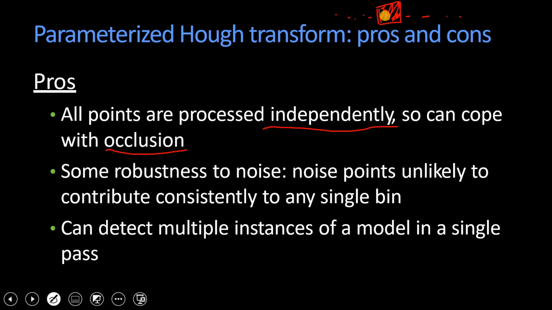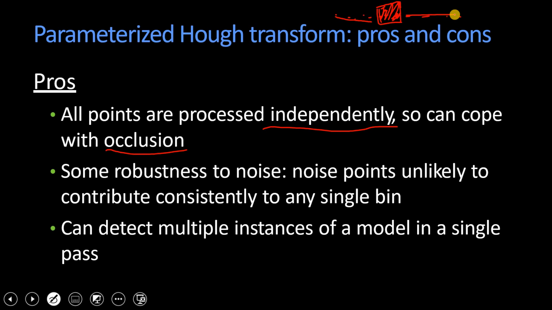Occlusion is basically blocking. If this blocking image is not so big, you can easily take care of that, because you are detecting a line over here, and a line over here, and you can easily infer the overall line. So this is a very good point related to independent voting.